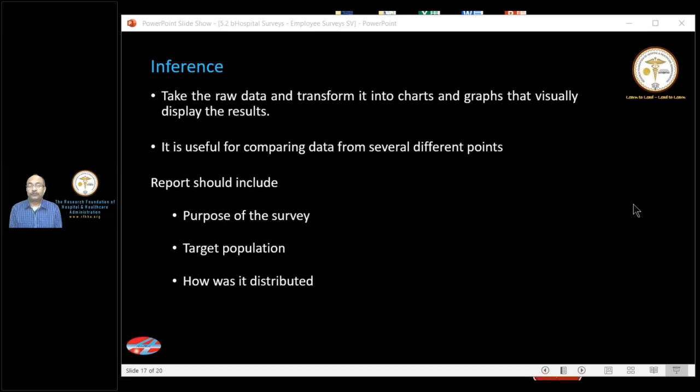So what do we do with this data now? Once we have compiled it, we convert it into a graphical form where the data can be visually understood, because eventually the management is not going to see your 300 line 50 column Excel sheet, but they will be interested in the summarized data.